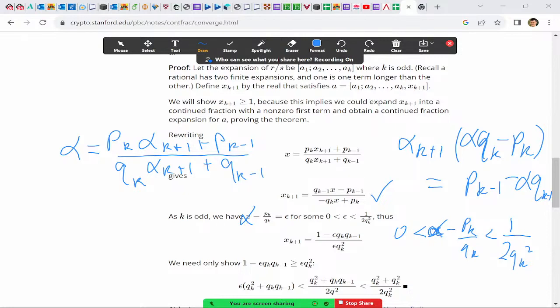Hold up a minute. Oh, okay. So this thing here, alpha_{k+1}, how does this work? So you have this equals rational. Are they just assuming that?